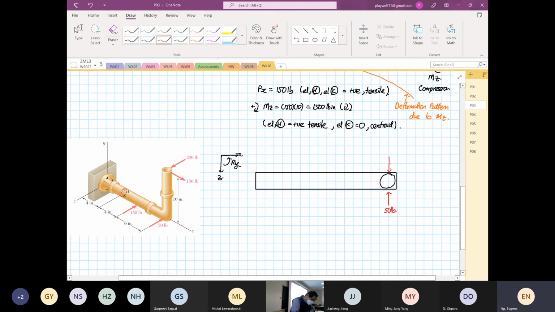We have our 200 pounds. We have our 150. We have our 150 over here. And then we have our element K. And then down here, our element H. Okay. Then we draw our straight line. We draw our centroid relative to element H and K.